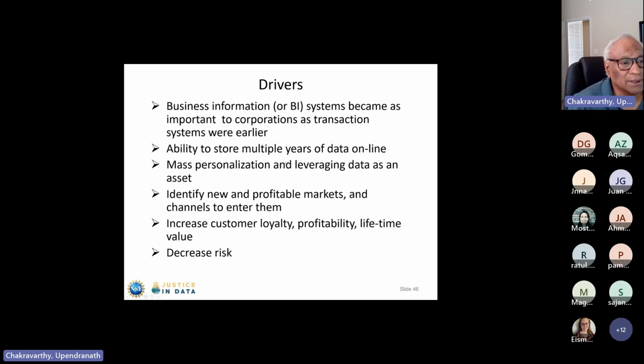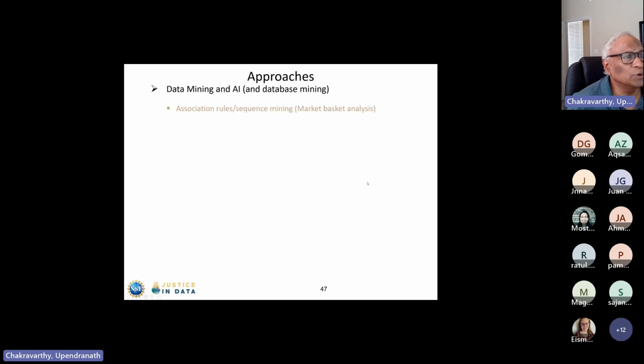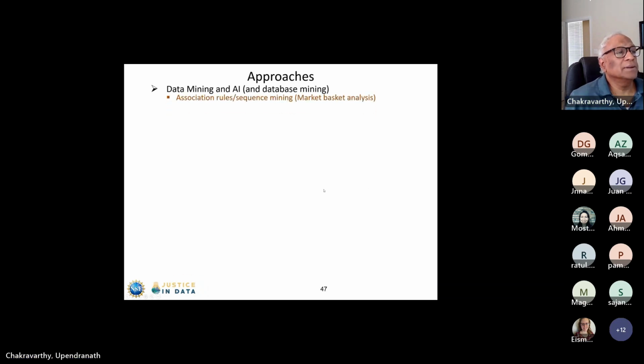Mass personalization and leveraging data was seen as an asset. Identifying new profitable markets and channels to enter them, increase customer loyalty, profitability, lifetime value, and decrease risk. So the approaches that were developed in response to those things were data mining and AI.